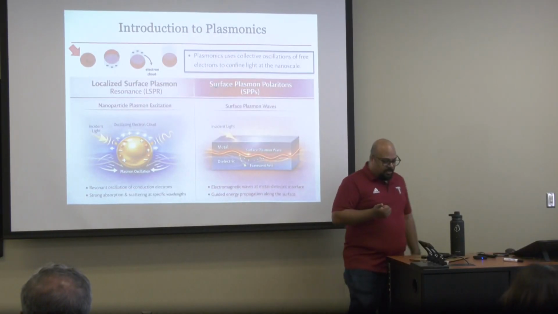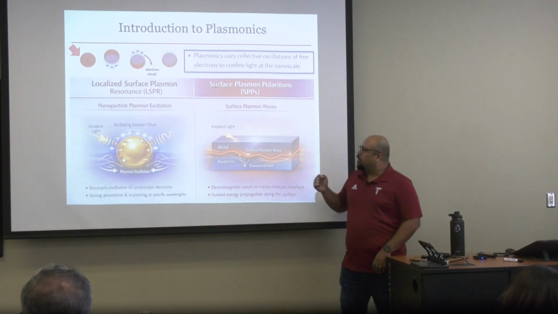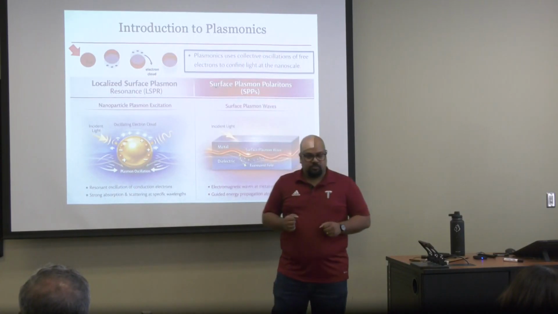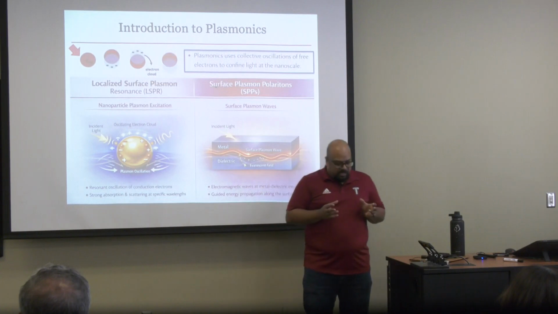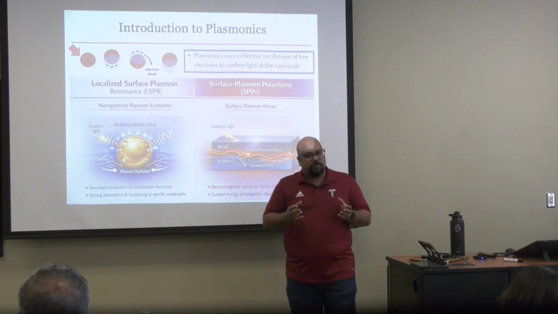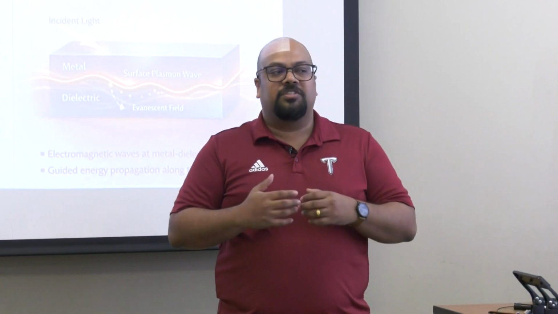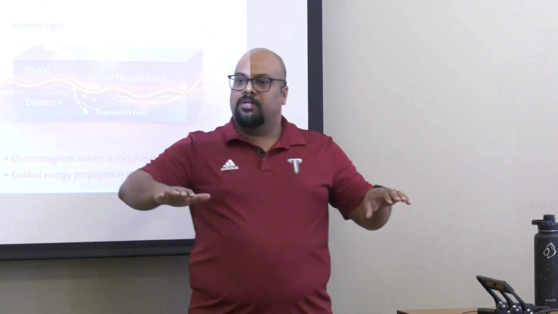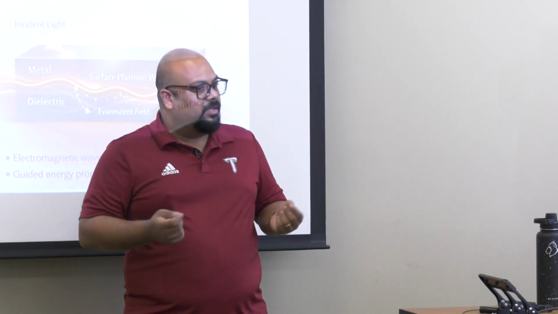The second division of plasmonics is called surface plasmon polaritons. We can visualize these SPPs as the surface waves that we observe in a still pond, right? When you have still water, you see no waves.